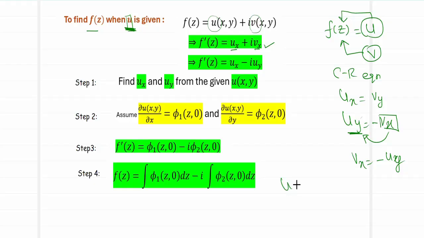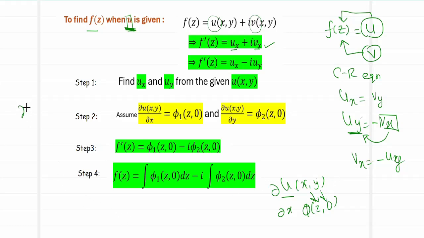So, u with respect to x, I differentiate with respect to x and then name it as phi 1 of z comma 0. Practically what I am doing is, wherever I have x, I replace it with z and wherever I have y, I replace it with 0.